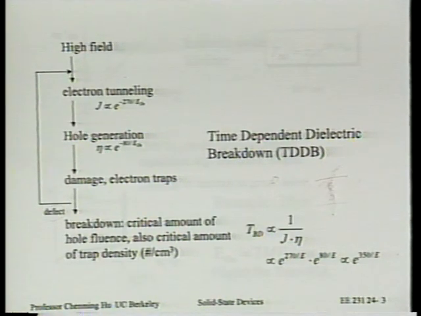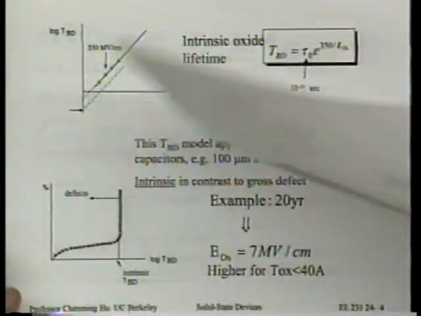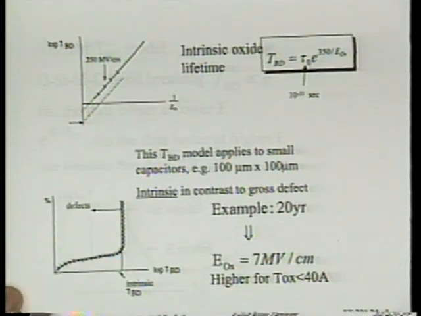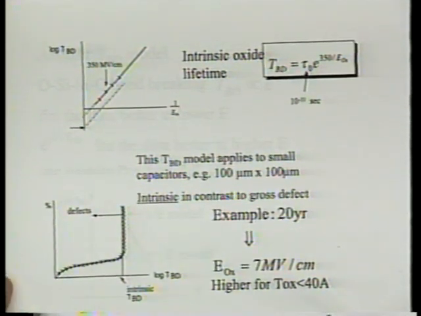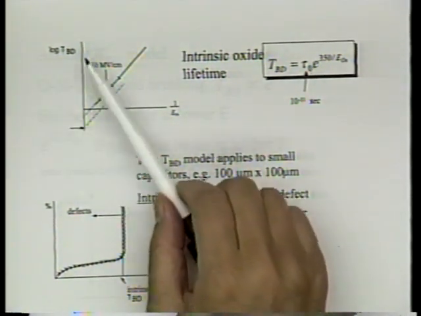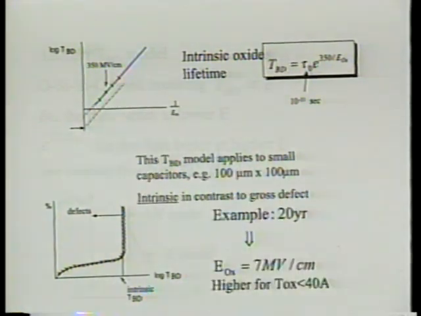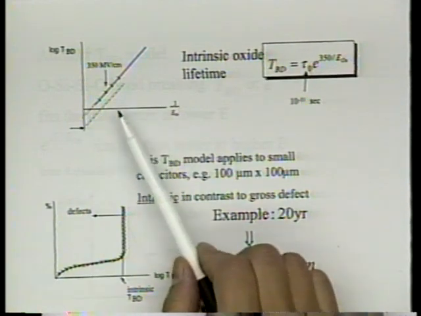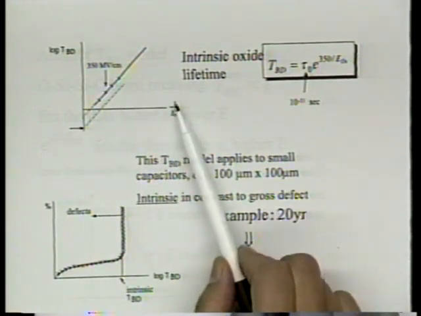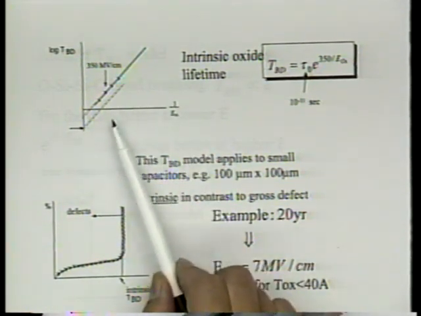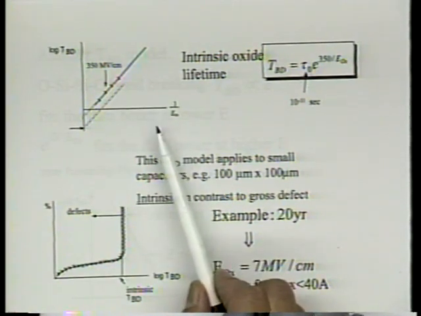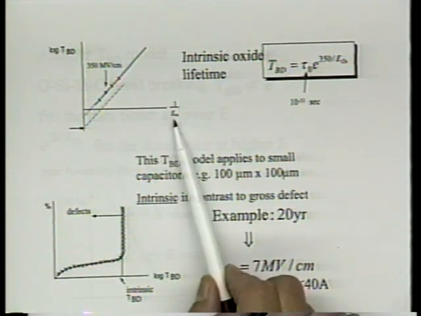If we look at the next figure, one way you can do this is to make a plot of log of lifetime against 1 over E. As we go to the right-hand side, 1 over E is getting larger and larger, which means the electric field gets smaller and smaller.